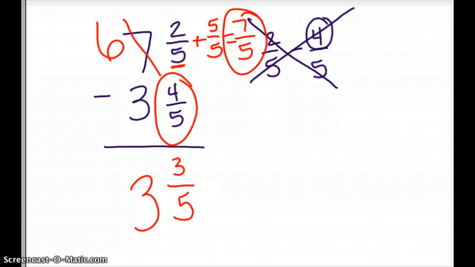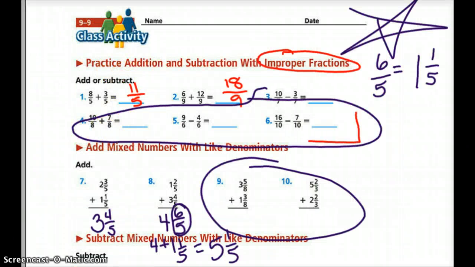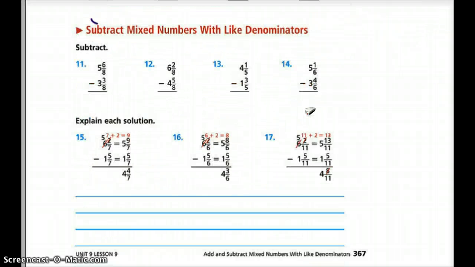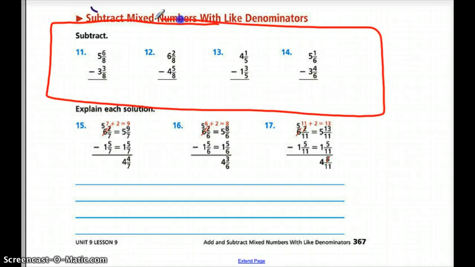Alright, so next we're going to go to the page that we worked on yesterday. Oh, that's not it. This page. Okay. Looking down here, we have numbers 11 through 14 to do.